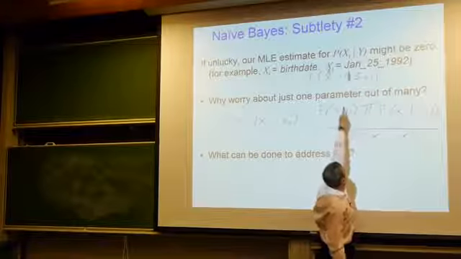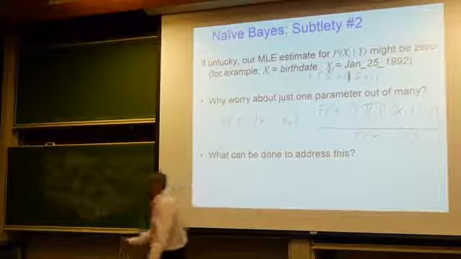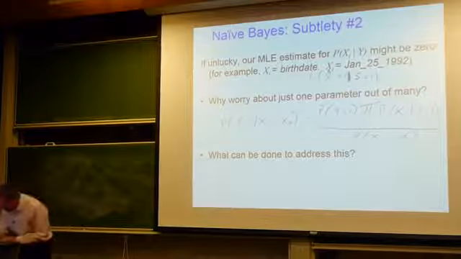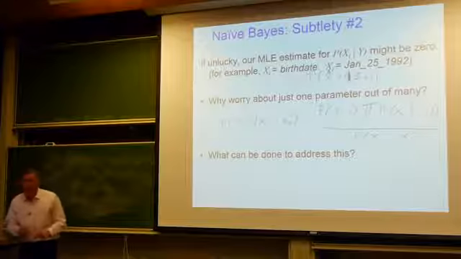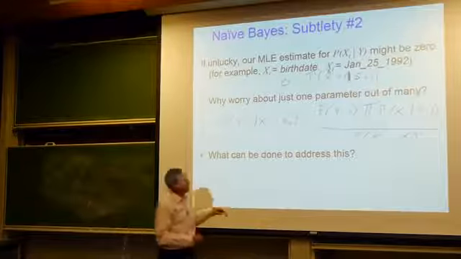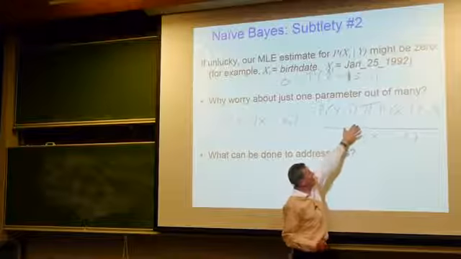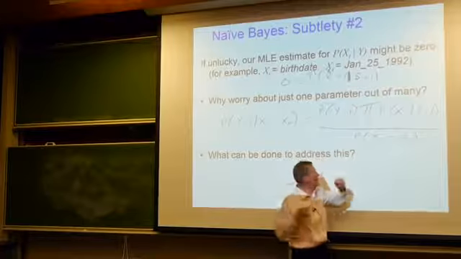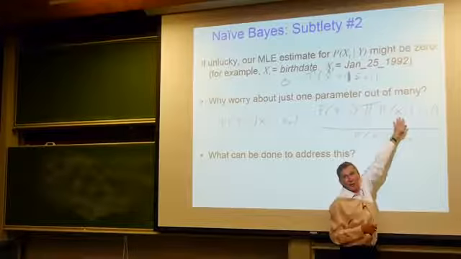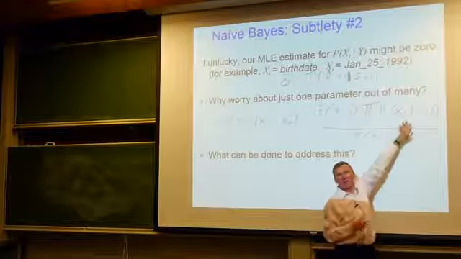And so if our maximum likelihood estimate for this probability, and the hat means that it's an estimate, is 0, then if we test our classifier on somebody who was born on a day different from the training examples, there will be a 0 as one of these terms.